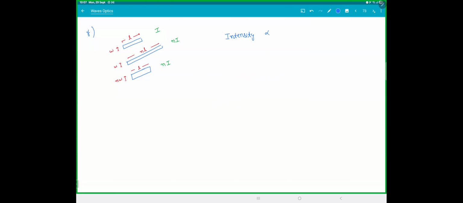So intensity is proportional to the area of the slit. Maybe I should have written it like this: power received by the slit is proportional to the area of the slit. Since you have more power, you have more intensity. That will be different.